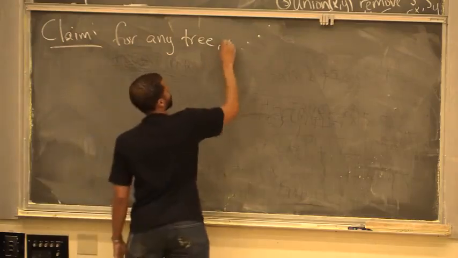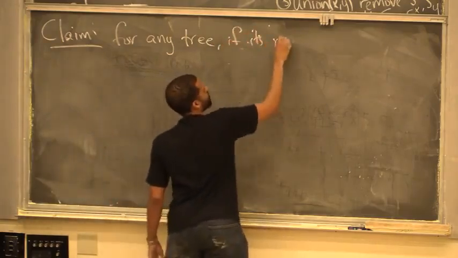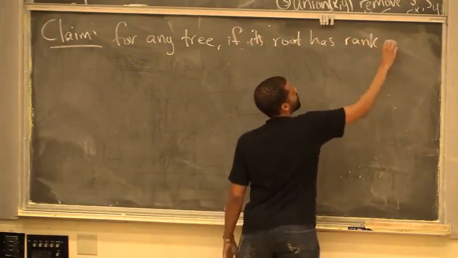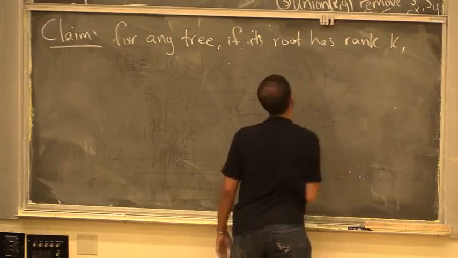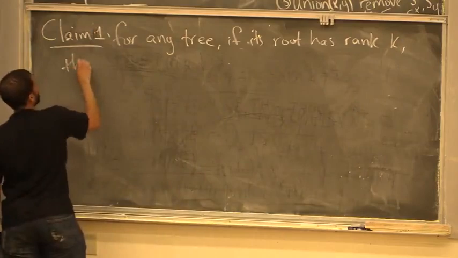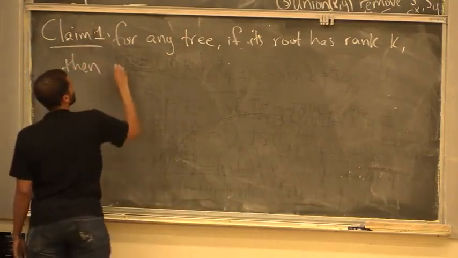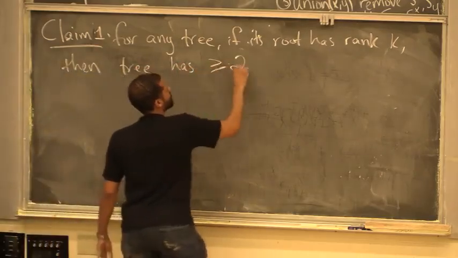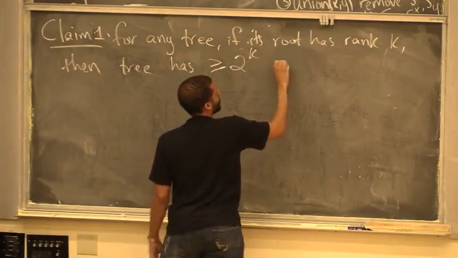For any tree, if its root has rank k, then the tree has at least 2 to the k nodes inside of it.